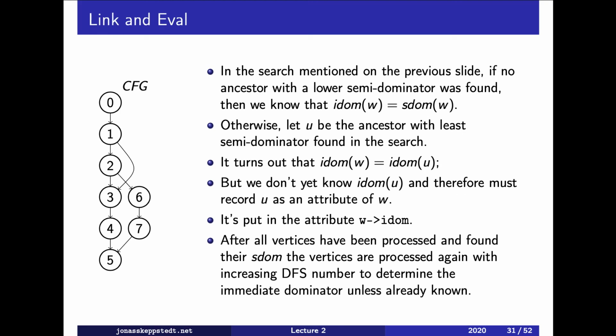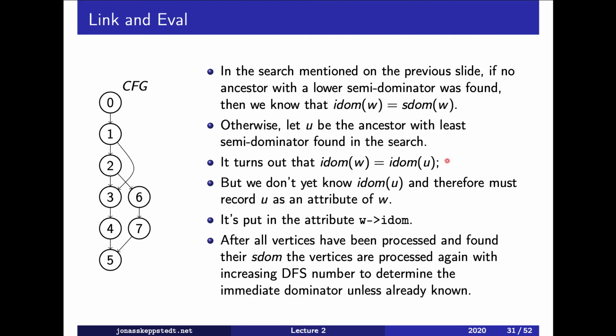That means we search upwards and find the node with the least semi-dominator, which we can call U, and eventually, when we know the immediate dominator of U, we can set the following.